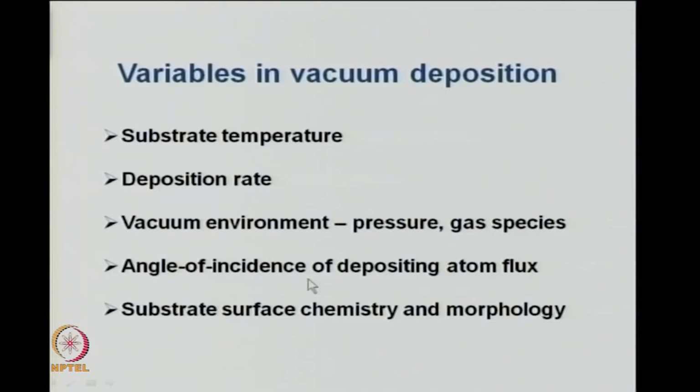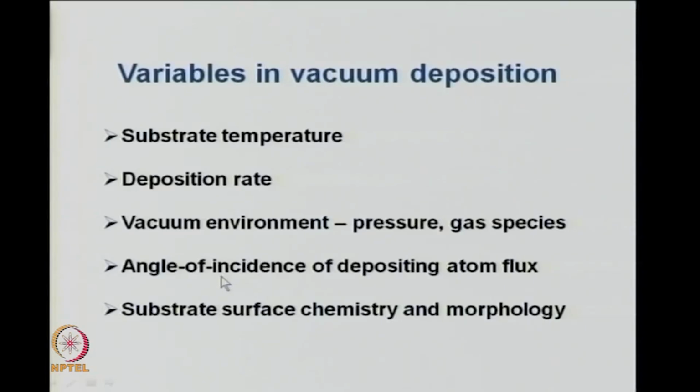So, you can rotate that source or substrate, one of them you can move. If you modify the substrate surface chemistry and morphology, that will also affect the deposition. So, all these things we just discussed: substrate temperature, deposition rate, environment, you can change.